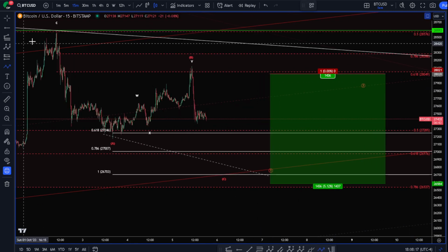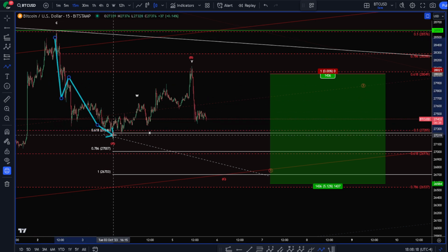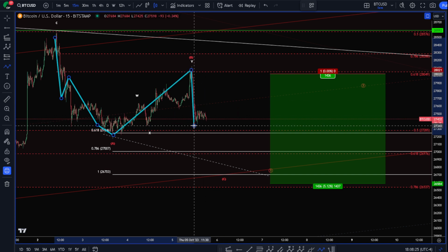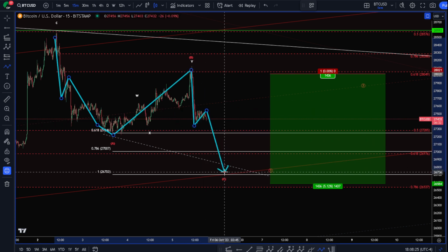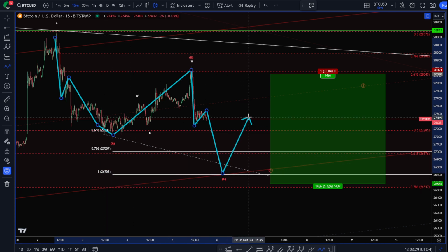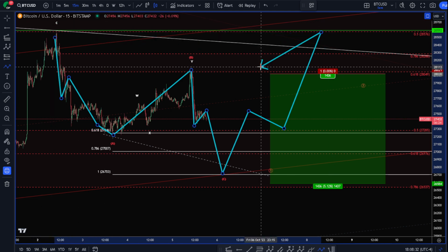Since we made a 3 here, right here, that there's a chance we make a 3-wave here in a similar amount of time and just drop down, tick 26,700, and potentially reverse in 3 and challenge this high again.